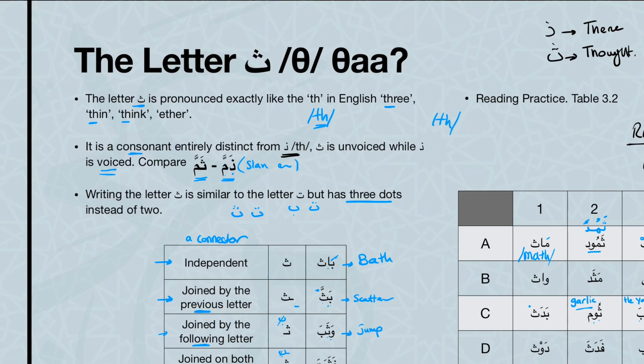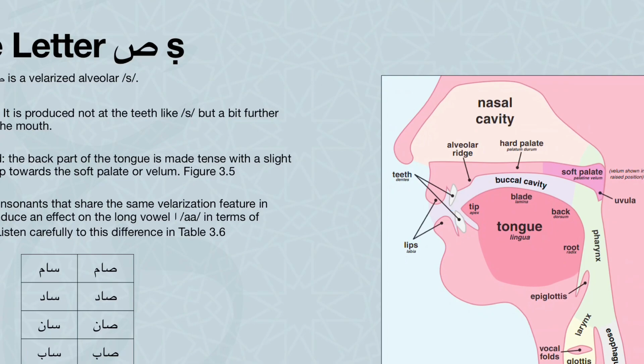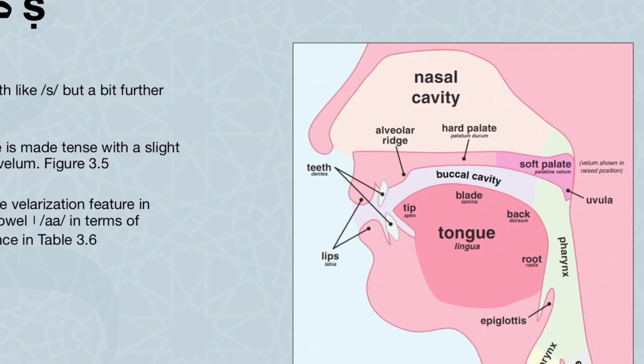That's difference number one. Difference number two, which is the most major one, has to do with the tip of your tongue. We'll go to the picture again. This is the tip of your tongue, like the pointy end of your tongue, basically.